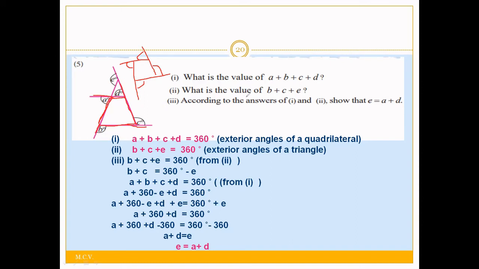Roman number 2, what is the value of B, C and E? B, C and E are at the vertices of a triangle. E, B and C are exterior angles of a triangle.